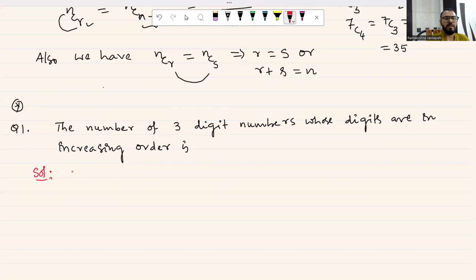For example, we have to find 3-digit numbers like 1, 2, 3, where the digits are in increasing order. Or 1, 3, 4. Or 1, 3, 8. We want to find the number of 3-digit numbers whose digits are in increasing order.